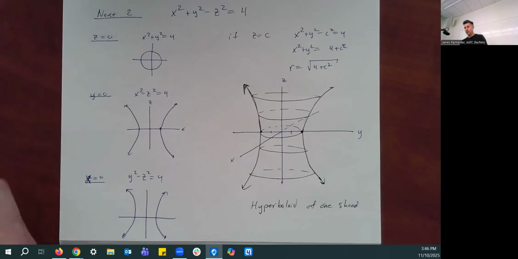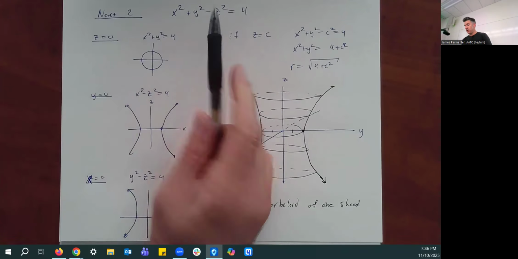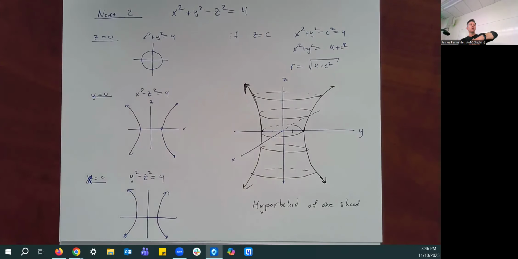So I would point out in this one, just like the last one, as is typical the way we've chosen to do this, Z is the odd man out, and the hyperboloid of one sheet opens along the Z-axis, or is symmetrical around the Z-axis, if you want to think about it that way.